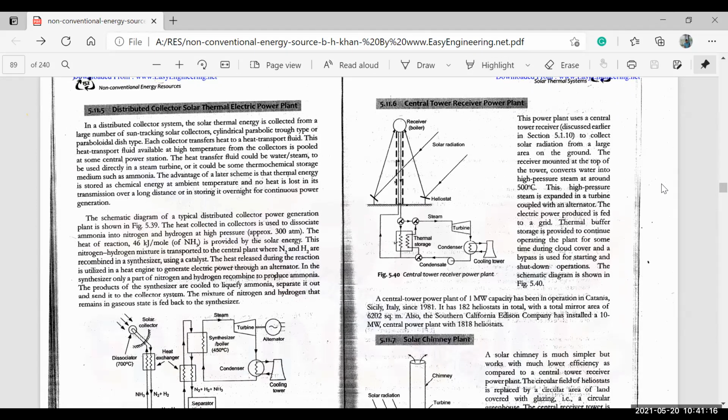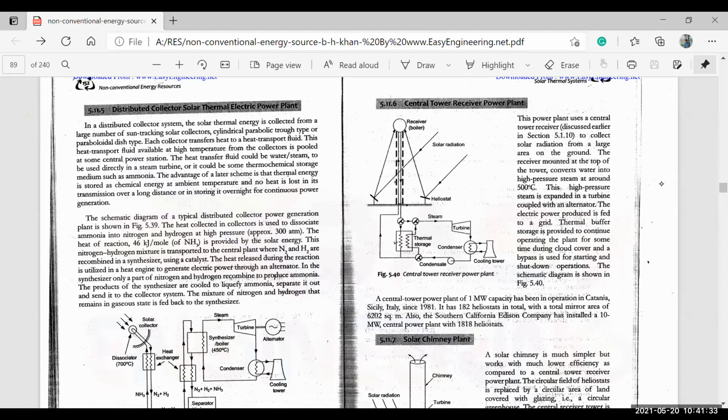You could see this also, the central tower receiver power plant. This tower, what I was talking about, is heated.